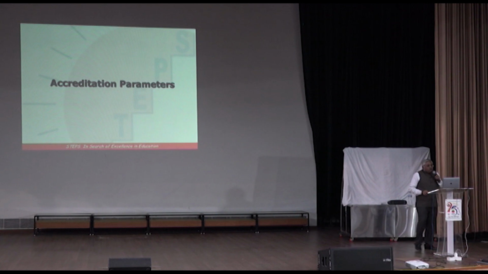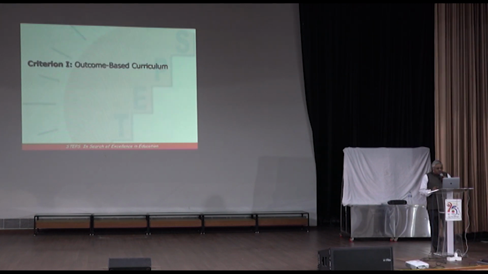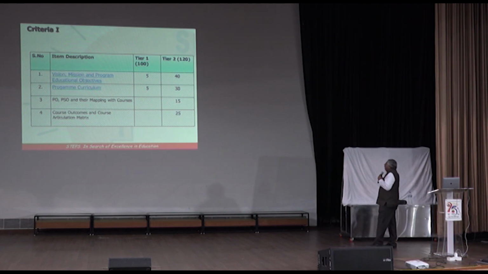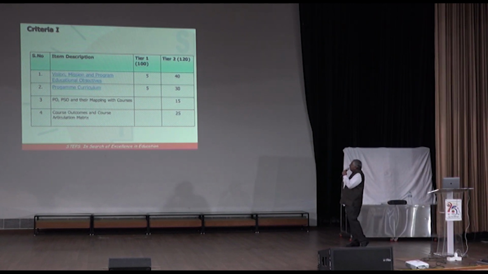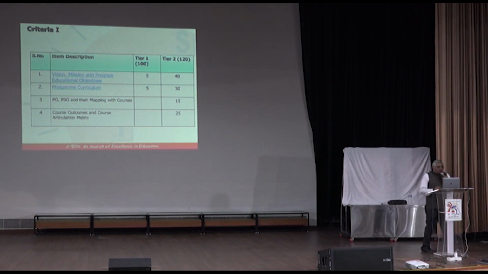Okay. Now let's come to the parameters. These are the new parameters. Now vision, mission, program educational objectives carry 40 marks, whereas earlier it was, don't look into tier 1 because I have not yet worked on tier 1.